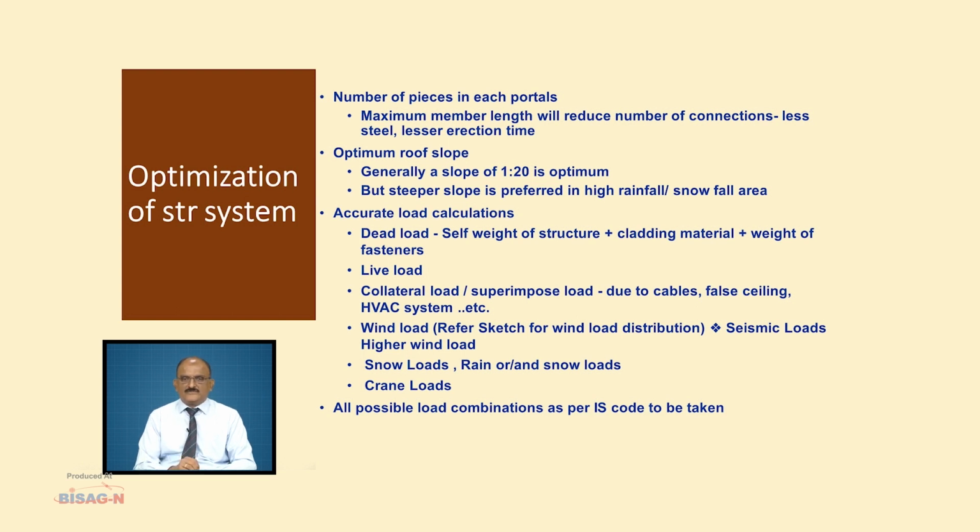All collateral loads, superimposed load due to cable, false ceiling, HVAC system, that is heating, ventilation and air conditioning systems, and anything else that is supposed to come, should be taken accurately and incorporated in the loading. Because if you are leaving something to imagination or as arbitrary or random, then unnecessarily we will be putting a factor for that, and it will be increasing the cost for no reason.